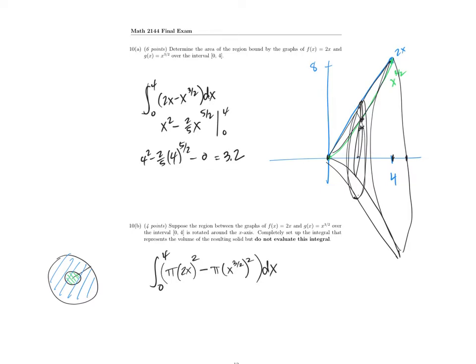And it says I want to set up the integral, but do not evaluate. And so there it is. So this here is the area of that blue disk, and I'm subtracting off the area of that green disk, pi r squared. And then that would be the area of this blue washer minus the green. And then I want to multiply that whole area by the width of my washer, which is a dx. And I'm going to add all those up from 0 to 4.